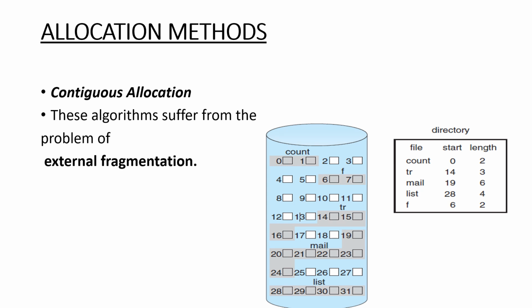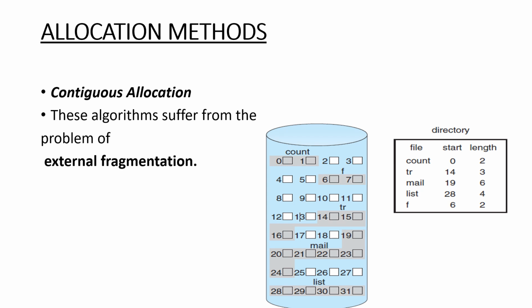The first file is count, the starting address is 0 and the length is 2, so it is occupying the first two spaces in the physical memory. Similarly, the second one, tr, has starting address 14 and length 3, so it occupies 14, 15 and 16.